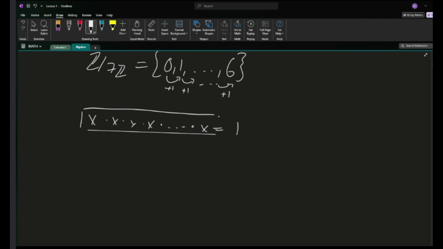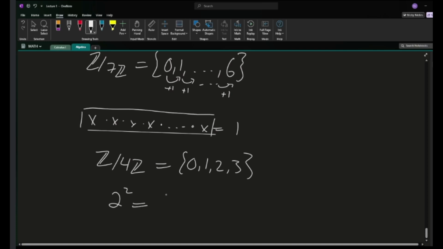And in fact, if this cyclic group was part of a bigger group, for example, we could take Z4, right? We have the elements 0, 1, 2, 3. In fact, 2 times 2 is equal to 0, which is the identity.